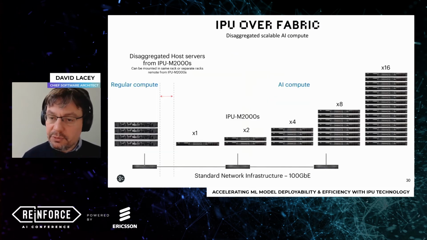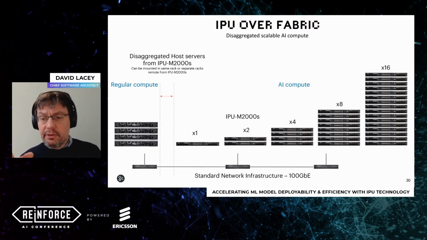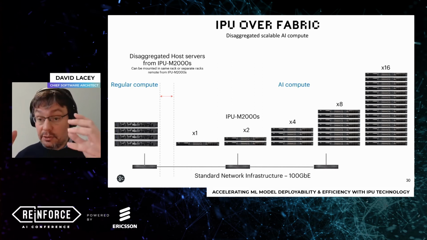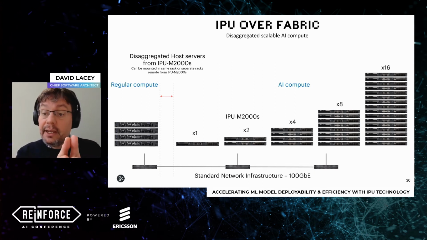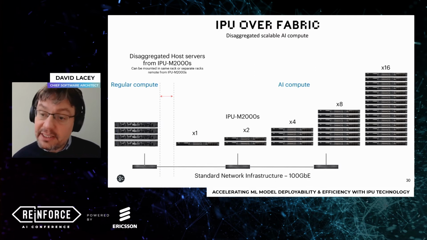The first one I'm going to talk about is the host communication. So we have something called IPU over fabric. If you imagine some other accelerator cards, they're on a PCI bus, so you have to put them into the same chassis as the host, the CPU, which is fine, but it damages your flexibility and your ease of integrating into infrastructure.